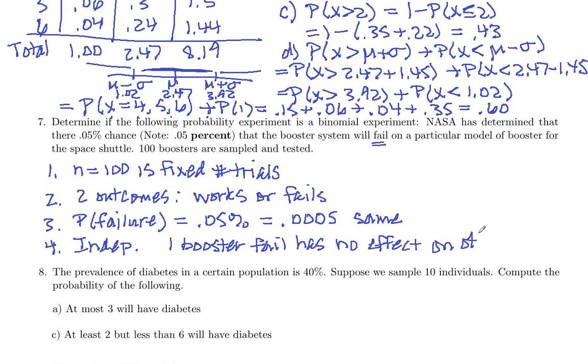At least we're not given any indication that it would. So yes, this is binomial. Satisfies all 4 conditions. So if one of these conditions fails, then it's not binomial.